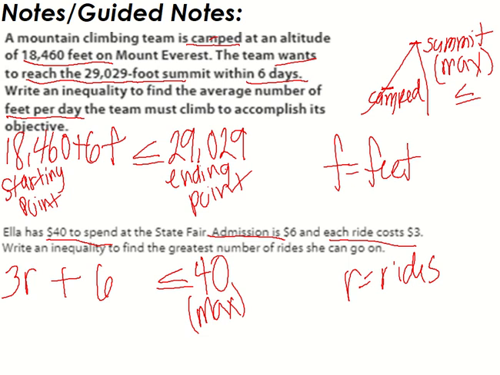So again, this $6 is kind of like our starting point, because to even start riding rides, you have to pay $6 automatically, right? And then we have a max of $40 and every ride costs $3. So there it is, $3 a ride, $6 to get in, and we cannot spend more than $40. I can spend all my $40, but I can't spend more than my $40.